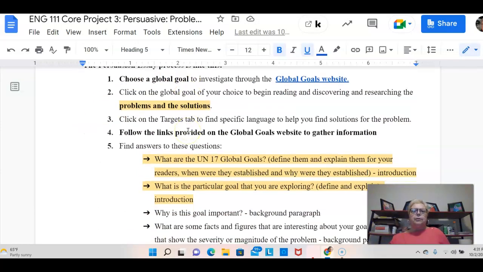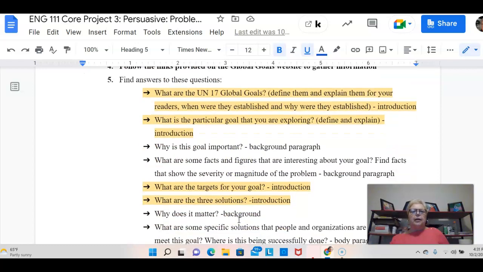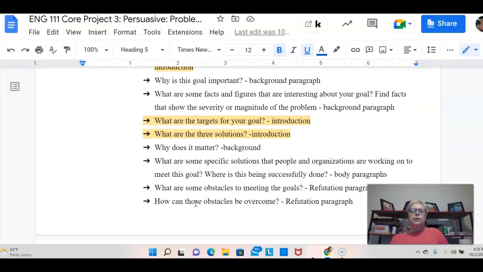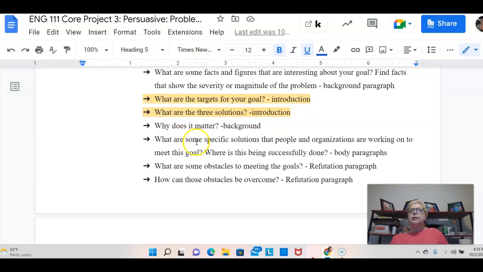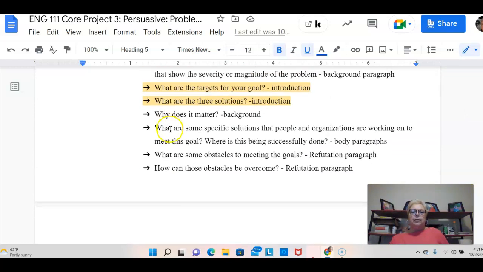So in other words, it says here what you need to do for the persuasion essay. And here are some questions that you need to answer. So look for the answer to these questions when you're doing your research, because we'll have to use all of these in our paper. There are however many.